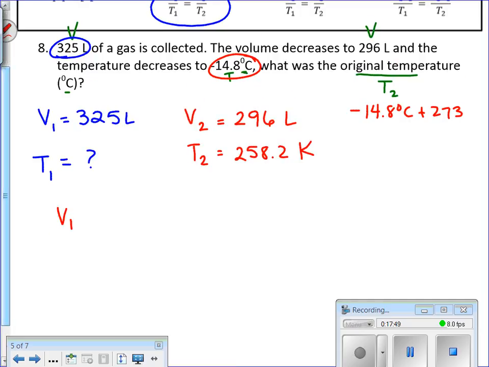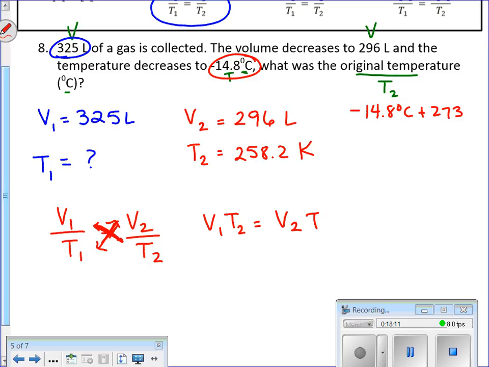So V1 over T1 is equal to V2 over T2, and it's another one of those fractional equations, so linearize it. Multiply both sides, cross multiply each side so you get a line. So now I'll have V1, this side first, times T2 is equal to V2 times T1.